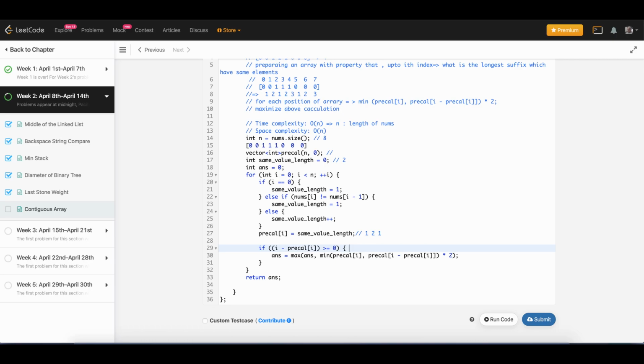So let's update our answer to 2, and similarly it goes to another position, the fourth position, third index. In the third index we see that it meets this condition and it becomes 2, so let's define it as 2.